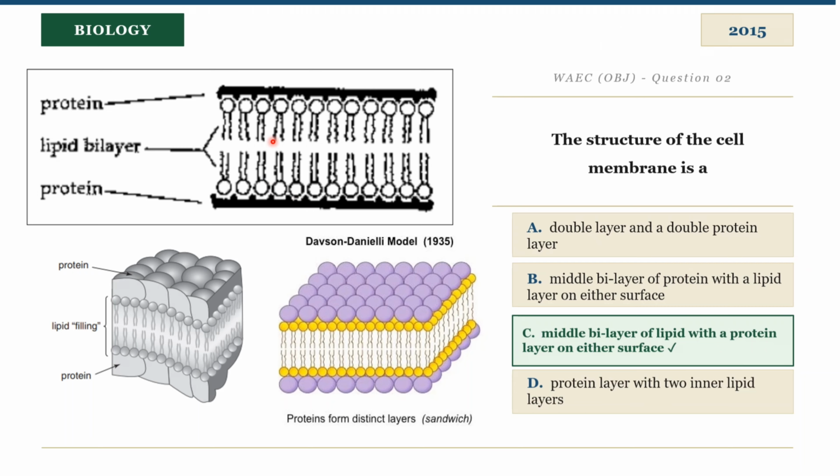And then the lipid bilayer, why is it a bilayer? There are two sections, 1 and then 2. From here to here 1, from here to here 2. So that's what made it 2, if you're wondering. And here's a 3D form of it. See, these are the protein molecules and these are the lipid fillings, bilipid fillings.